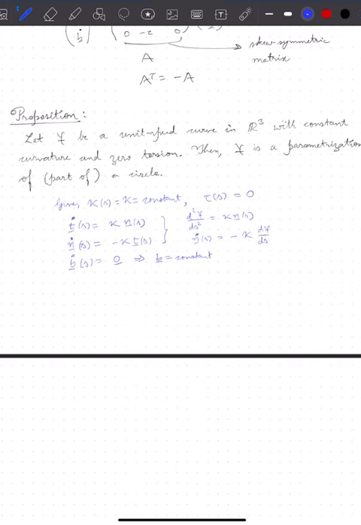Upon expanding, this is what we have. Now we consider this too.